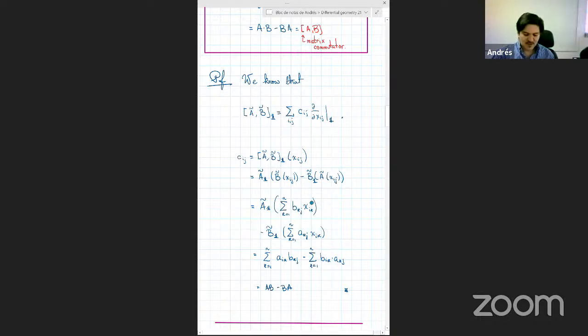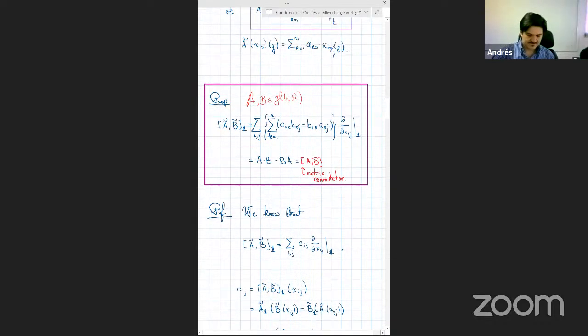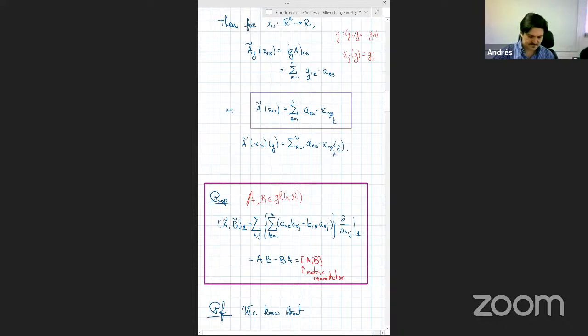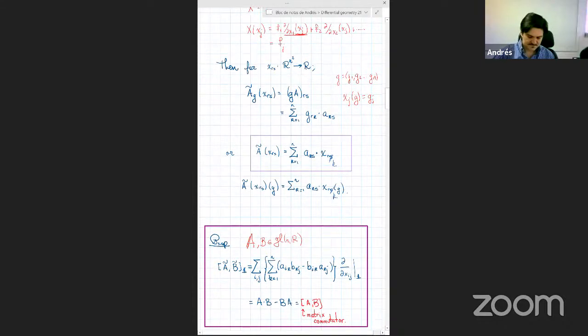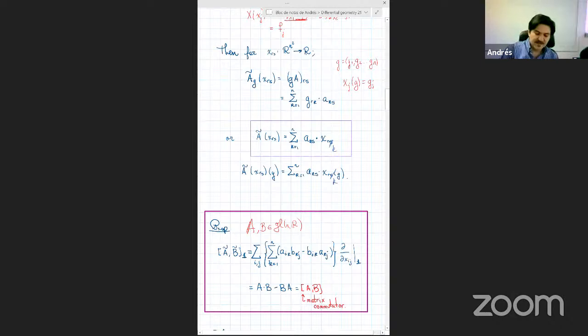Now, do we know what that is? It will be something like this, right? But note that I'm evaluating now here at the identity. So this G is the identity only.